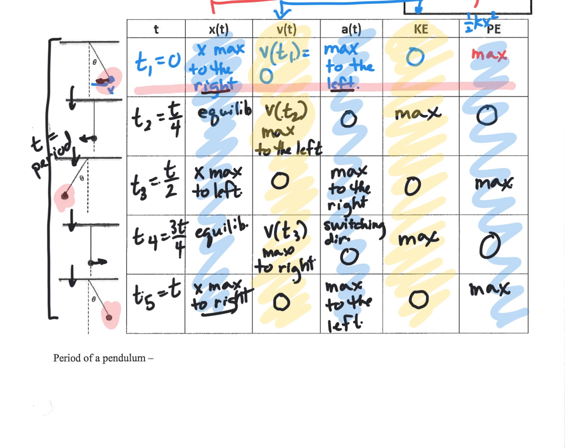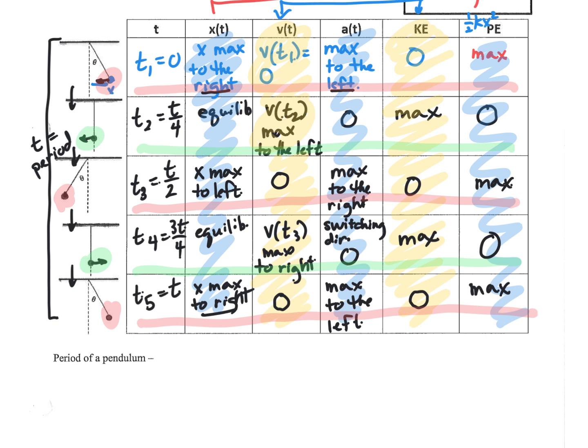At equilibrium here and here, those lines look the same except for what? Yeah, the directions, okay? The velocity, which direction it's going to.